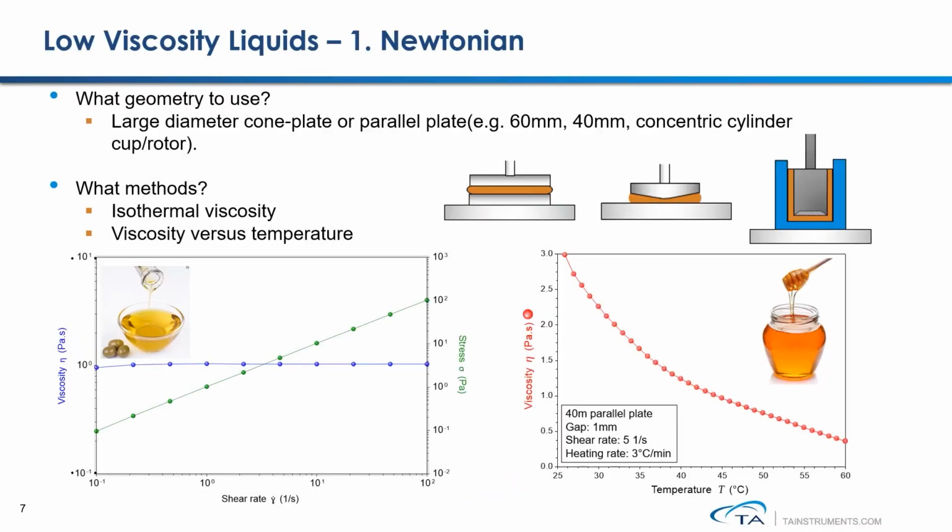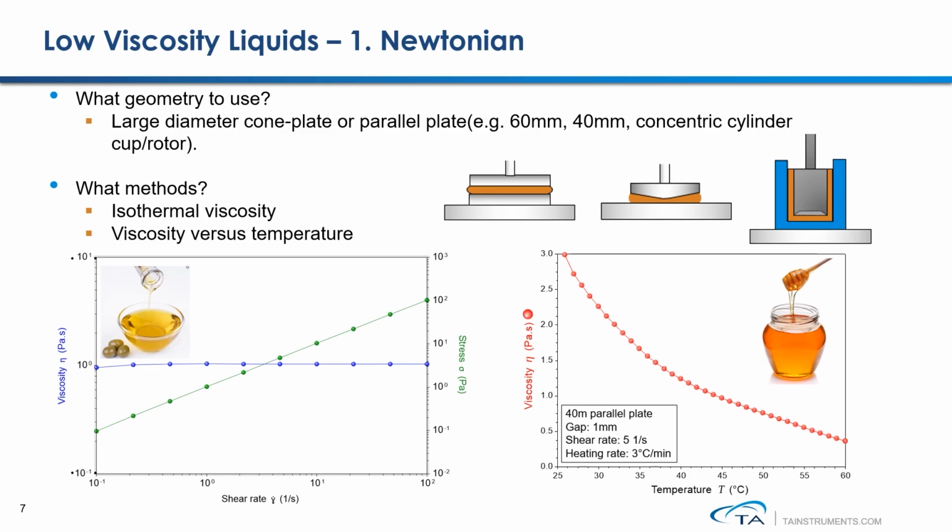Let us start from the simplest sample first. How do we use rheology to study the viscosity property of a low viscosity Newtonian liquid? First of all, what geometry shall we use? Since this sample has low viscosity, you need to consider using a larger diameter, large size geometry, such as 60 mm or 40 mm cone plate or parallel plate.